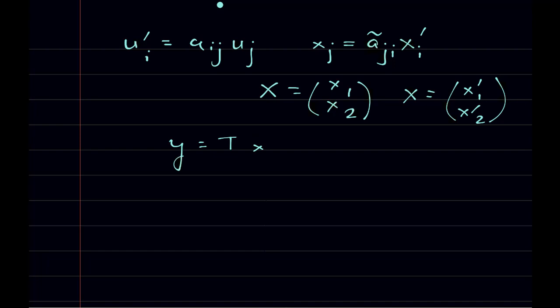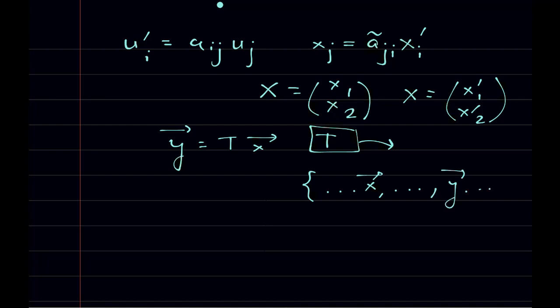Then you have an operator T which acts on an element. Consider this is a vector space, it has an element x and many elements, and then element y and many elements. So there is a T which acts on x and takes you to y. So T is actually an operator on the vector space. Again, T has the right to be said as an operator in the vector space V. Why?